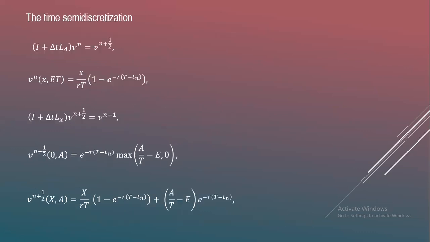Using the ADI method, we need to discretize the model, and the discretization is in two directions, one in time and the other in space. First, time discretization, and for time discretization it's very natural to consider dimension splitting at this time step.